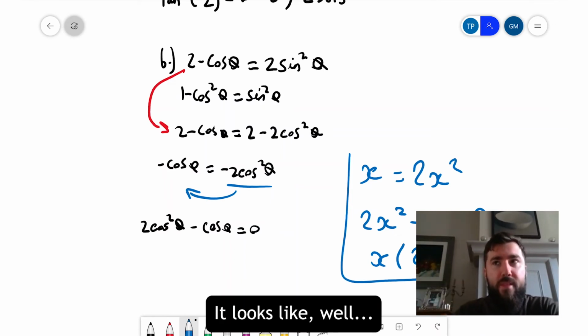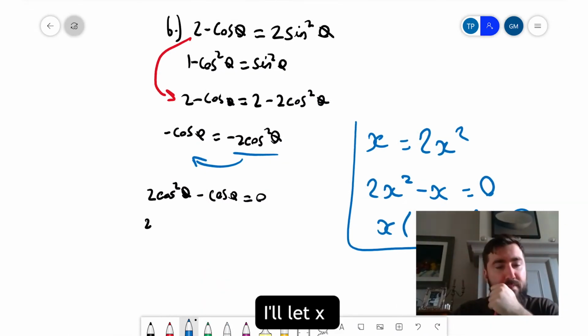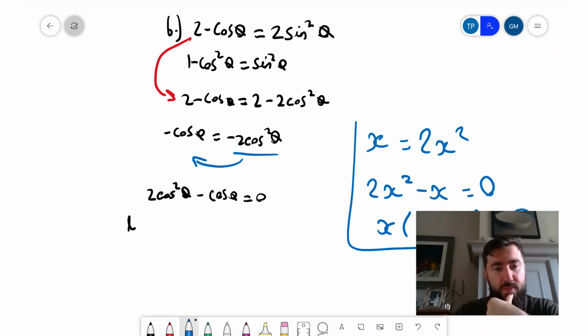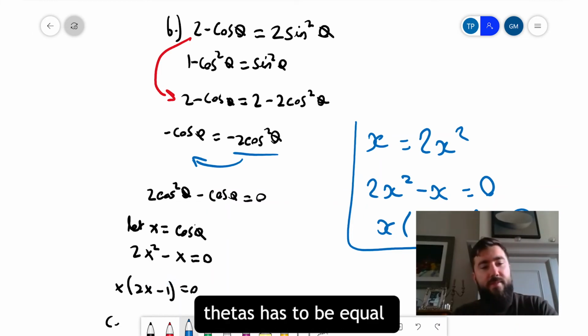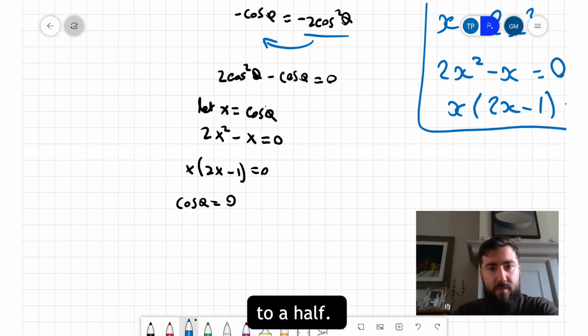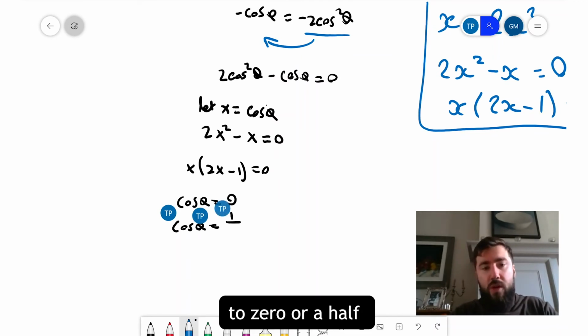Just to make it simpler, I'll let x equal cosine theta. So 2x squared minus x equals 0, so x times 2x minus 1 equals 0. One of the cosine thetas has to be equal to 0, and the other is equal to a half. So cos is either equal to 0 or a half.